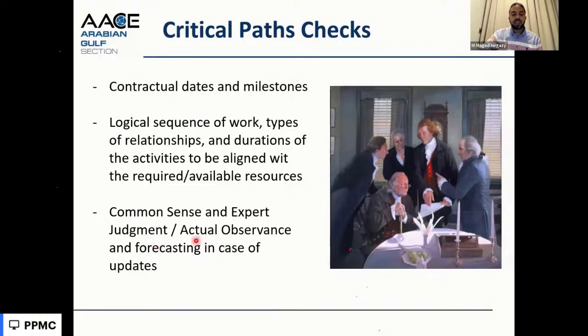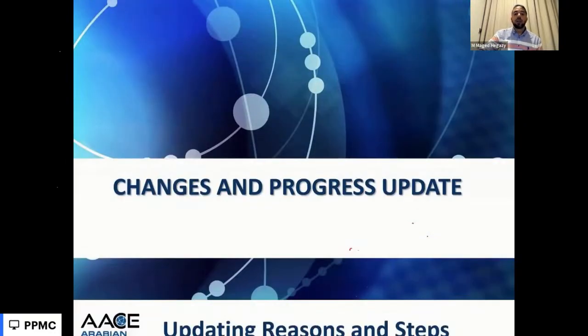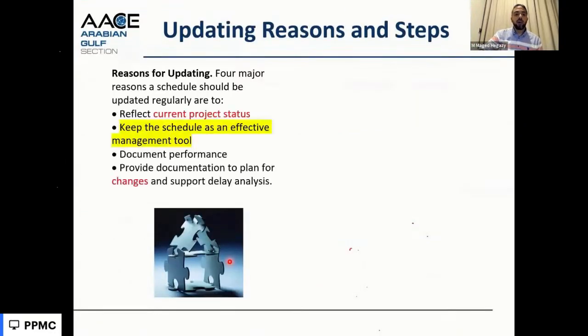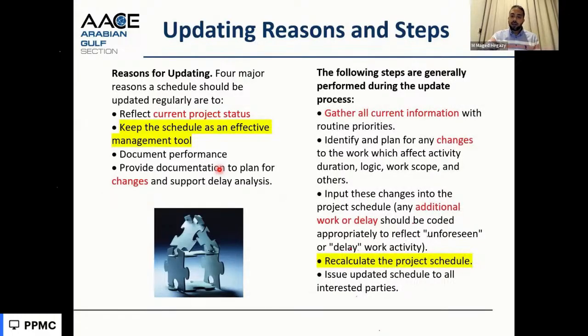And we need to do this again with actual observance in the updates when we come to the updates. So when we go to the updates, why do we update the program? To keep the schedule effective and in control and know the status of the project. We collect the data, reflect the actual dates, and recalculate the project to get the update of the project.